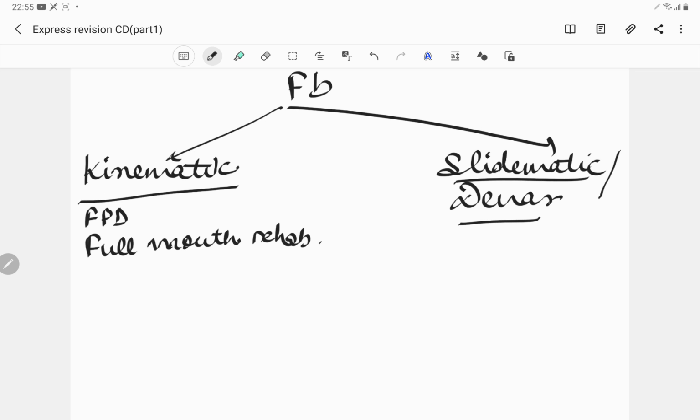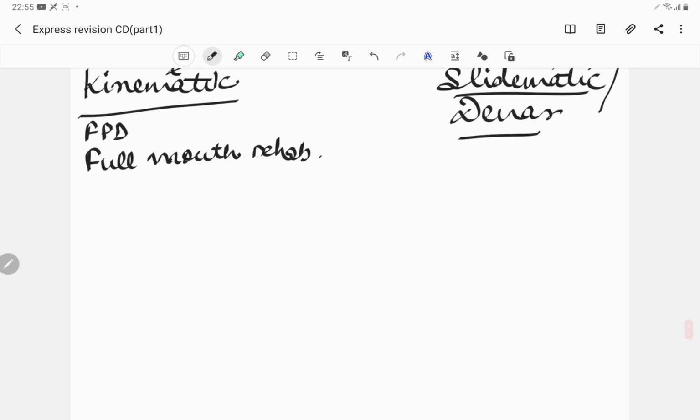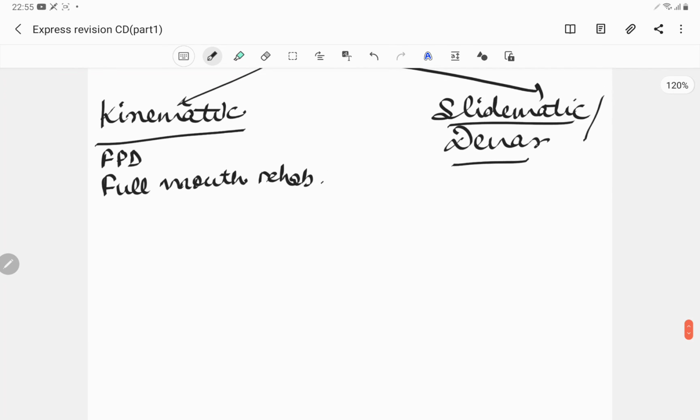Basically there is going to be a long and complex procedure, and this is the reason that we do not use this kinematic face bow in a complete denture patient, because it requires a complex procedure. Then coming to the slidematic or Dinar type, in that we take the intercondylar distance reading.